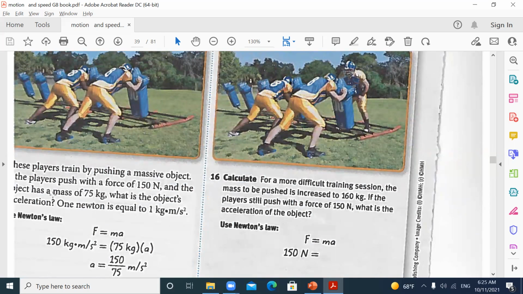The object has a mass of 75 kilograms. So what is the object's acceleration? We write the equation: force equals mass multiplied by acceleration.